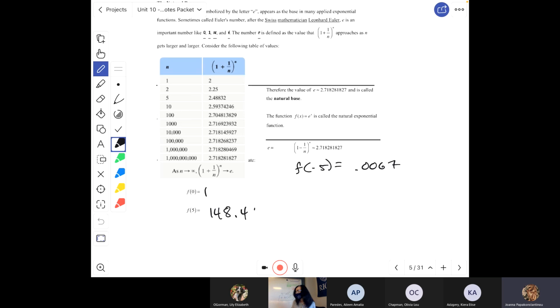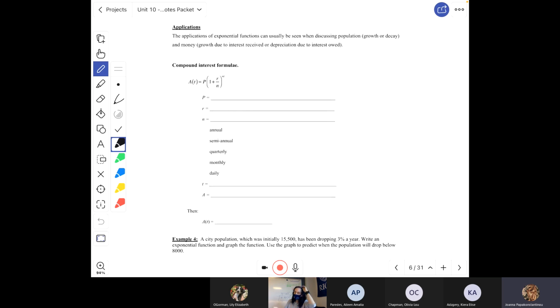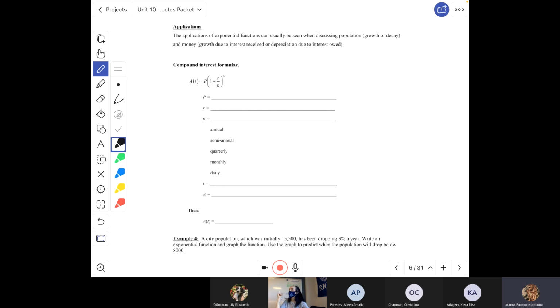Yeah. Okay. Now, where do I see this? Where do I see these exponential functions? Well, we talked about how it's one way used in population growth and decay. Another place where you're going to see the applications and the use of exponential functions is money.